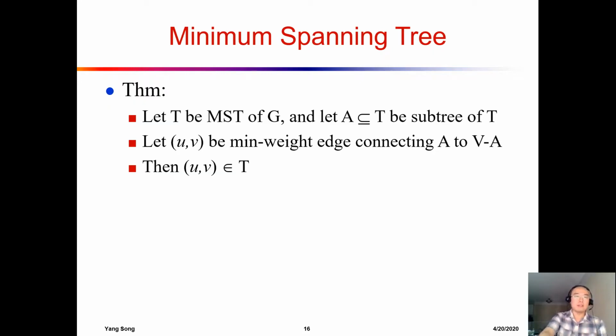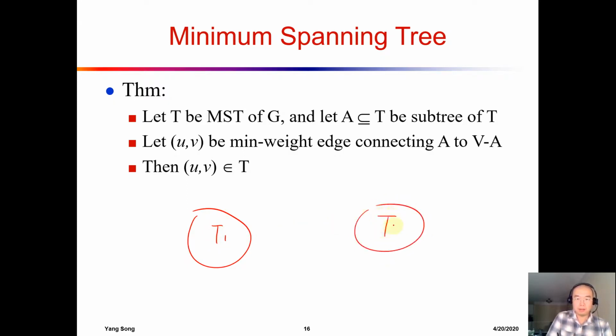Okay, and here's another theorem. If we have 2 MSTs, say T1 and T2, and there are several ways that we can connect them. If we know that the subtrees T1 and T2 are already optimal MSTs, then we only need to pick the smallest value from weight 1, weight 2, and weight 3.